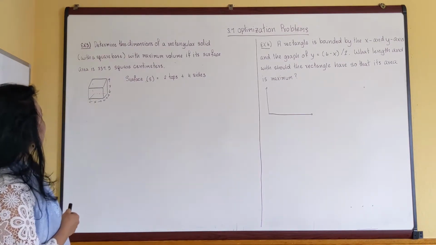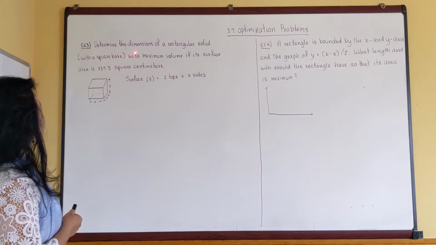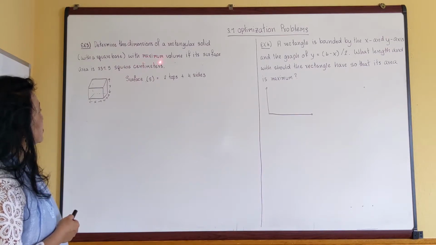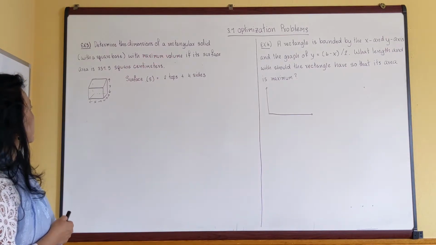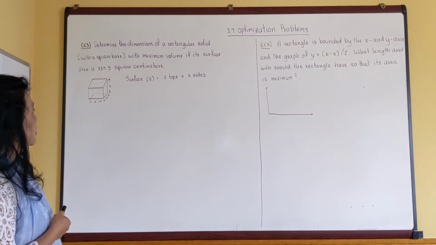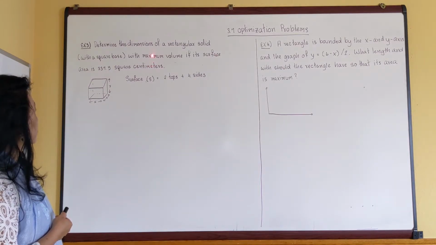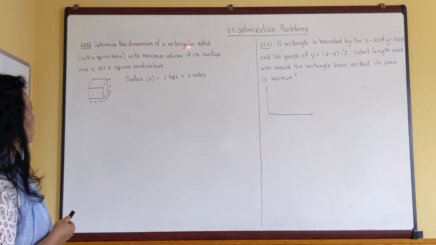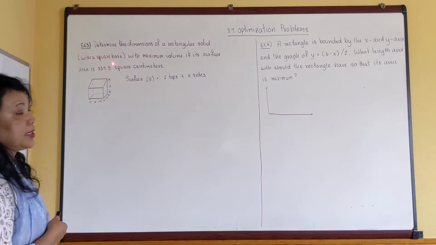So it's three-dimensional, and they want you to find the maximum volume and they give you the surface area. And they tell you that it's a rectangular solid with a square base.